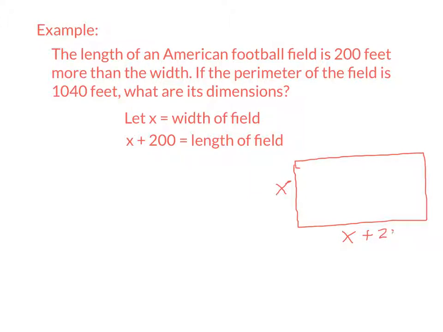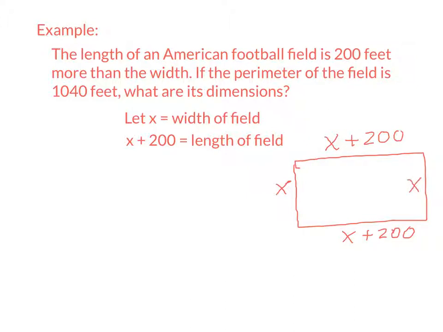Well, what do we know about the opposite sides of a rectangle? We know that the opposite sides of a rectangle are equal, so this side here is also equal to x plus 200. And then the last side here is the opposite x, so this is also equal to x.